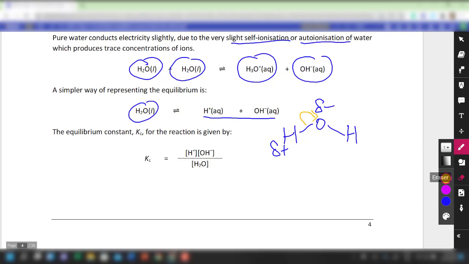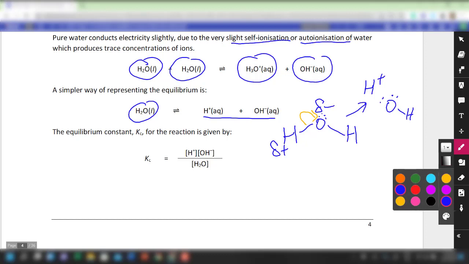In the process you will get an H plus. Okay, and originally I have two lone pairs. After you push to the O, the OH minus will get an extra lone pair, which I will represent with yellow. So it will have a negative charge.